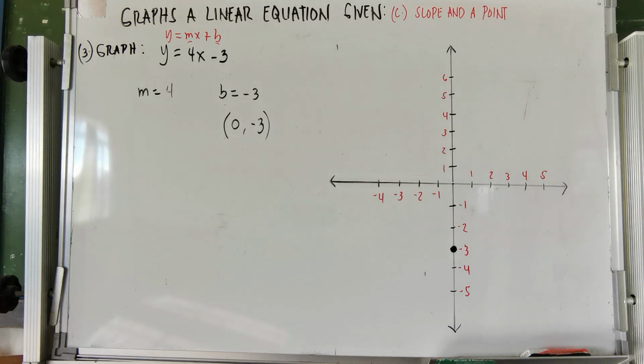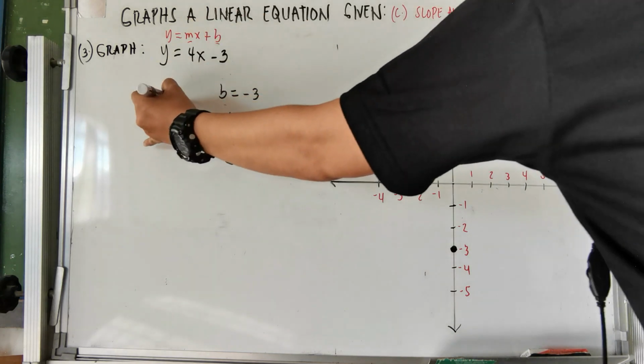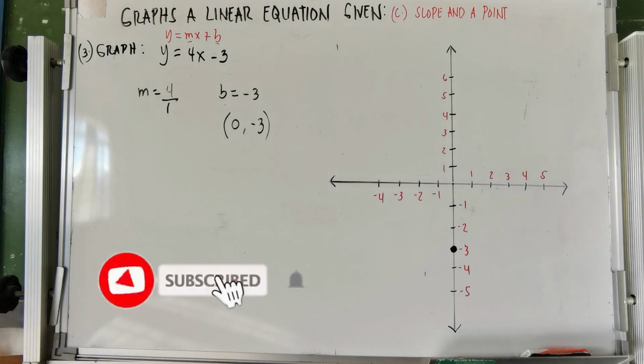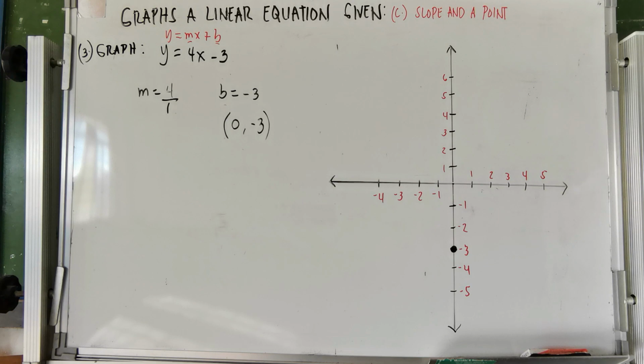Okay, now, after we plot the given y-intercept, next is, ganun pa rin, kagaya ng ginawa natin kanina, i-plot natin yung second point using the slope or the rise over run. Since that is only 4, we will put 1 in its denominator, which indicates that we have 1 unit to the right na gagawing move.